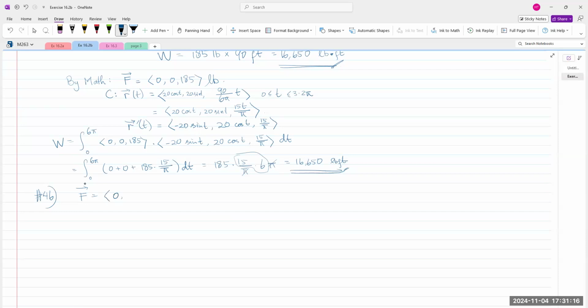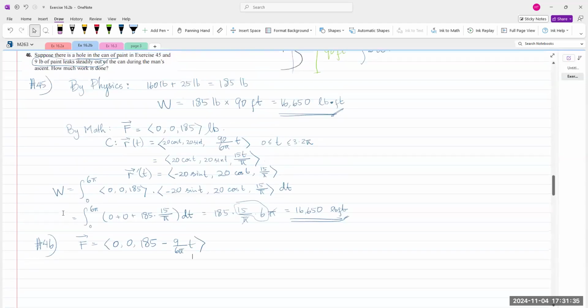Suppose we parameterize that using t, then the total weight minus 9 pounds loss, so you subtract 9 pounds over 6 pi times t. That's the force. Basically, at time t, it will have lost 9 pounds. Now, the parameterization is the same.